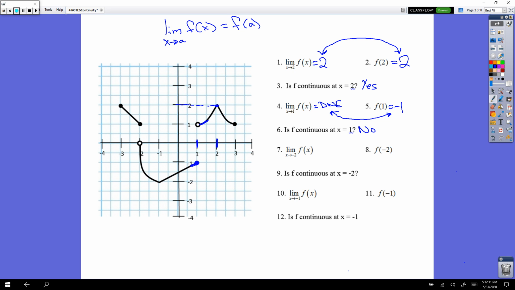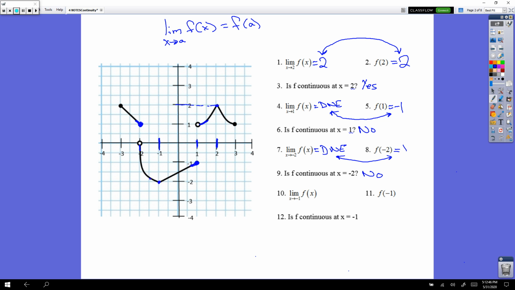Looking at negative 2, again, I know you can see it's not continuous, but since there's this break at x equals negative 2, the limit as x approaches negative 2, again, does not exist. F of negative 2, again, would be the closed dot, so that would equal 1. And again, since they're not equal to each other, f is not continuous at negative 2. So we would say no. Number 10, the limit as x approaches negative 1. So here's negative 1.